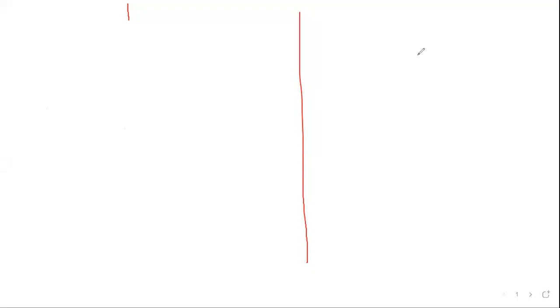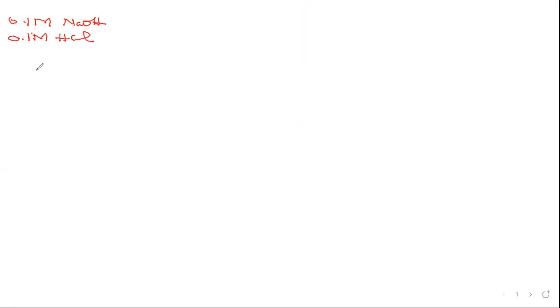Does that make sense? So once again, the thing we are dealing with here will now be 0.1, not 0.01. Now be 0.1 molar NaOH, and then 0.1 molar HCl. That is what we have now. Great.